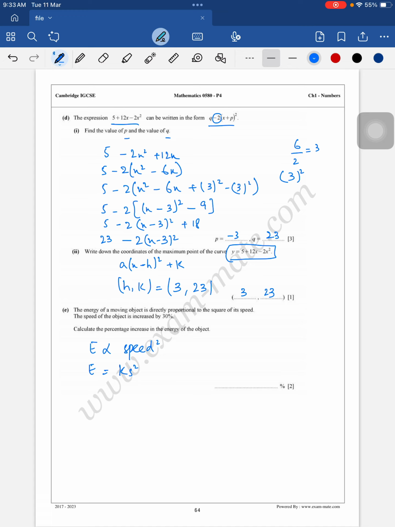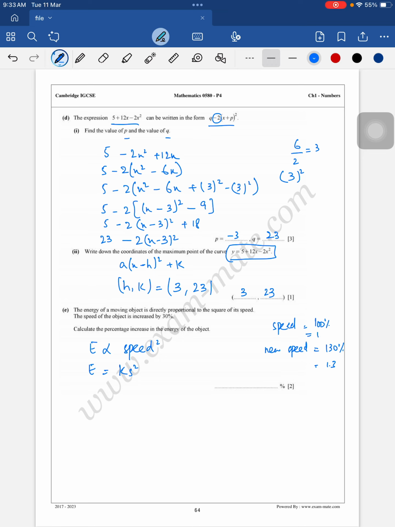Now the speed is increased by 30%. For example, I'm saying that speed was 100%, increased by 30%, means new speed is 130%, which is equal to 1.3, and old speed is 1.